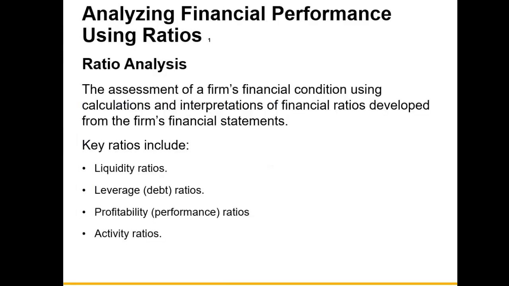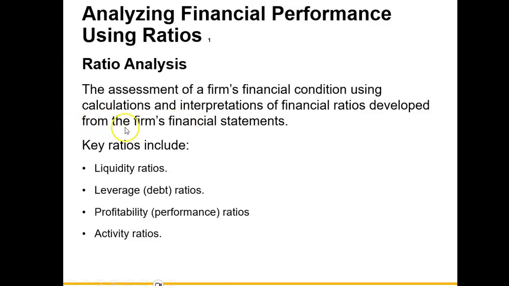Okay? Ratio analysis. Ratio analysis is the assessment of a firm's financial condition using calculations and interpretations of financial ratios developed from key components of the financial statement. Now, what does that mean? Well, with ratio analysis, we'll take certain information from the balance sheet or the income statement and break it down into smaller segments.